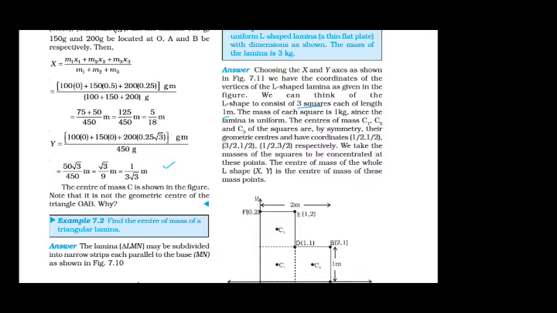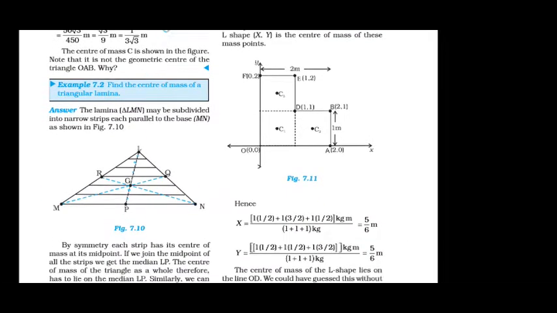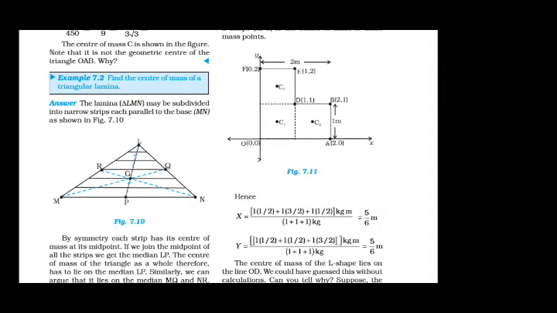So this is simple. Everything is given in the figure, you just have to find it out. There is an L-shaped structure and you have to find the center of mass for this. Values are given in the figure. Taking the values from this figure, you can find the center of mass of the system.